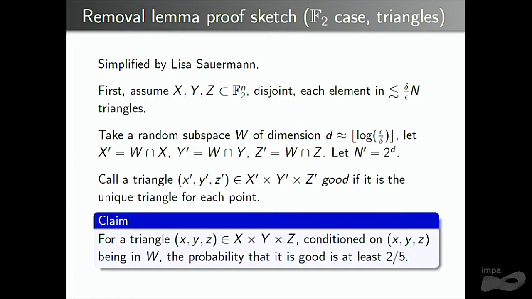If you fix x, say it's contained in a bunch of triangles, and once x is in the set, it's roughly independent whether the rest of the triangle is in the set, and you only need one more event to happen, being in the subspace. So that's the basic idea of why this works.